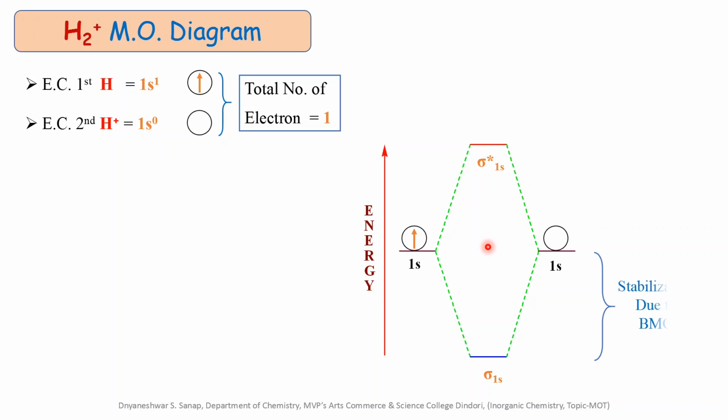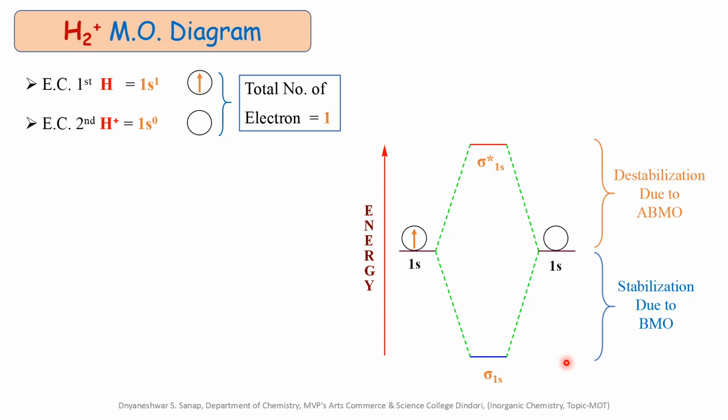Whatever energy decreases during the formation of the bonding molecular orbital is called stabilization energy. Similarly, whatever increase in energy occurs because of the formation of the antibonding molecular orbital is called destabilization energy, or this antibonding molecular orbital destabilizes the molecule.